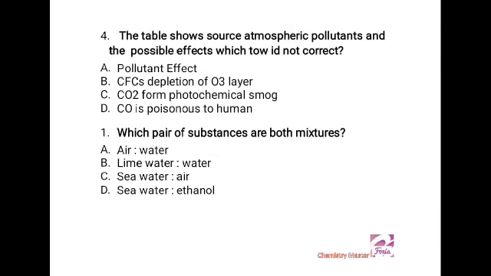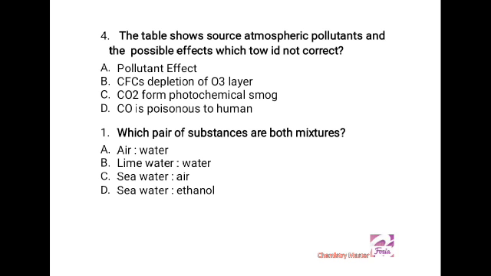Number 4. The table shows sources, atmospheric pollutants and the possible effects. Which is not correct? As you see the pollutant effect of the gases, CFCs are those compounds which are used in refrigerating agents, and they cause the depletion of the ozone layer.